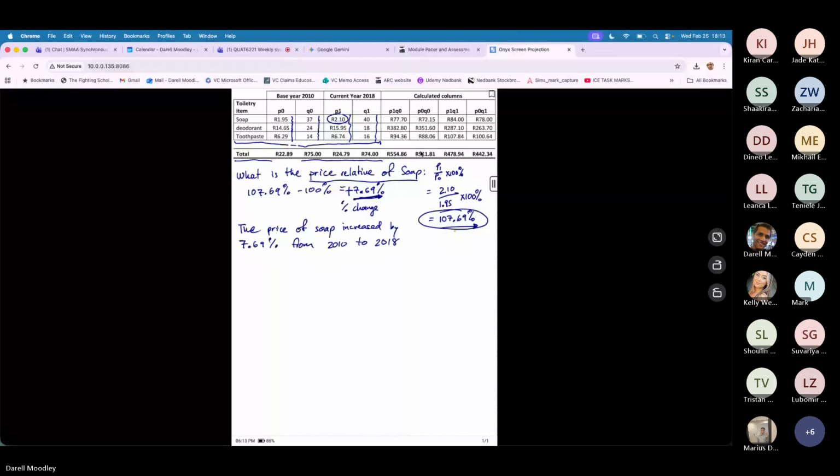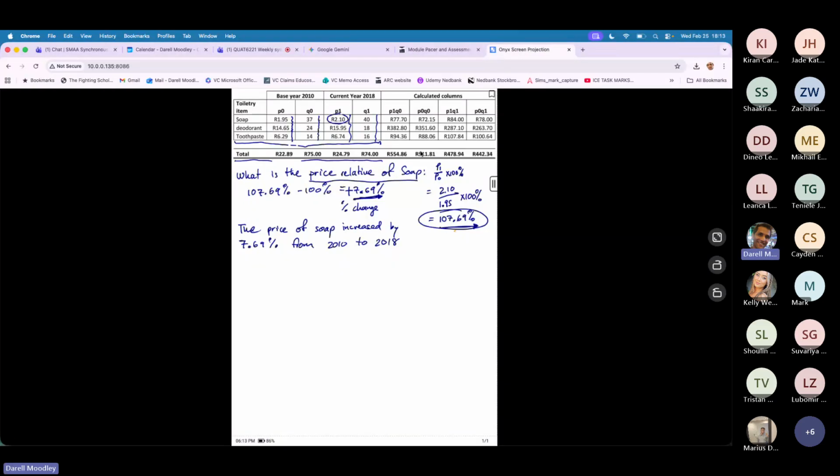All right. So you worked out the price relative of soap, which is 107.69%. You then worked out the percentage change, and then you interpreted your answer. Yeah, that's your interpretation. Right, you need to complete all those steps if you are asked a question like that. Okay, all right. In a very, very similar way, we can be asked to calculate the quantity relative of deodorant. So the next question is, let's put a line here.